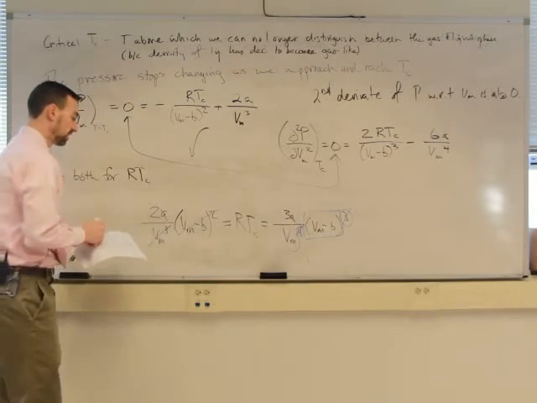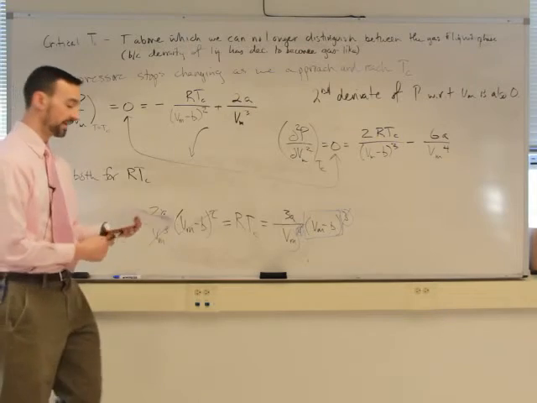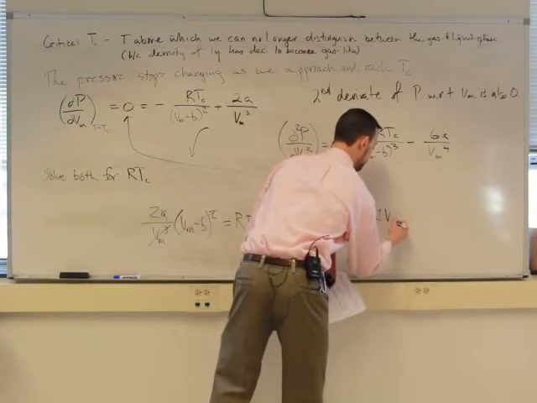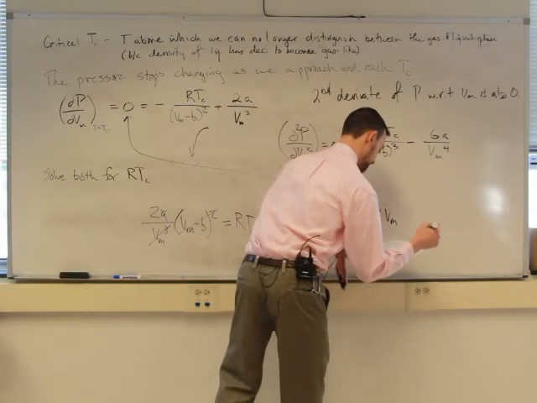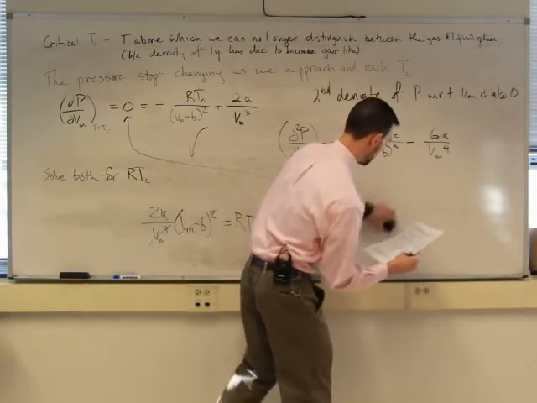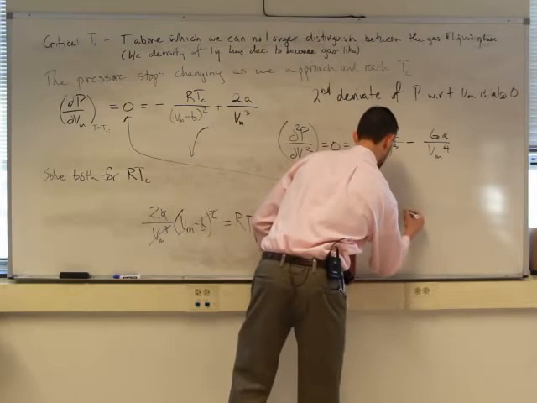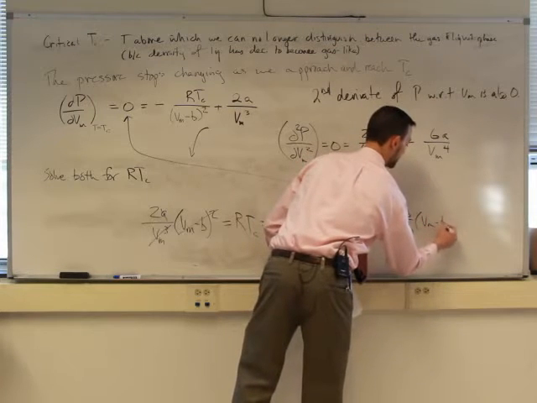So this simplifies itself pretty well. After that simplification, I'm actually left with 2 equals 3 over Vm times Vm minus b.